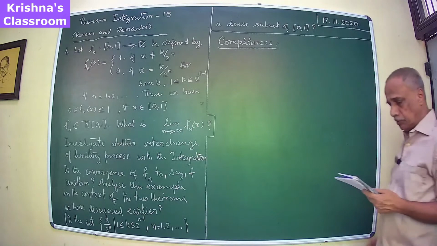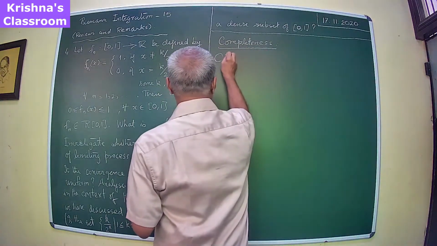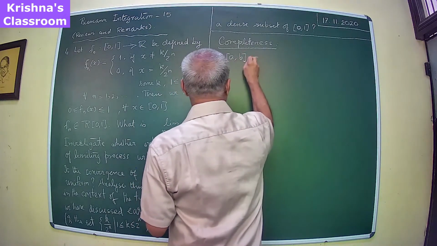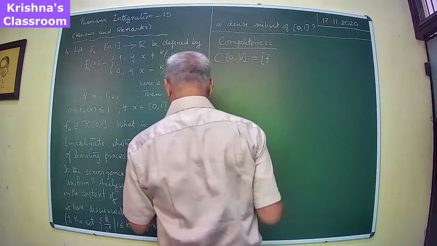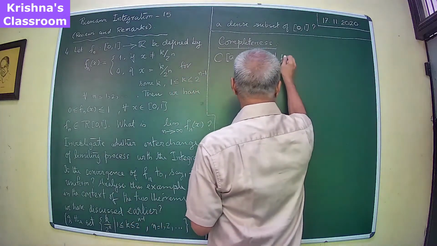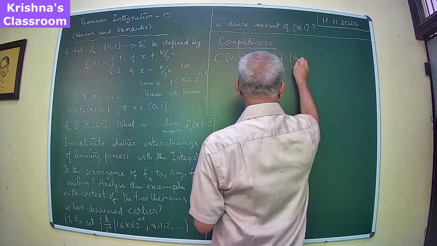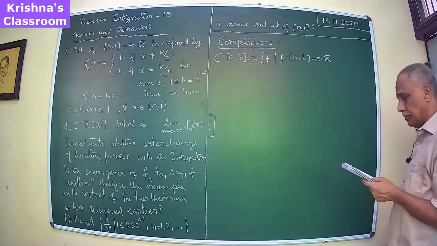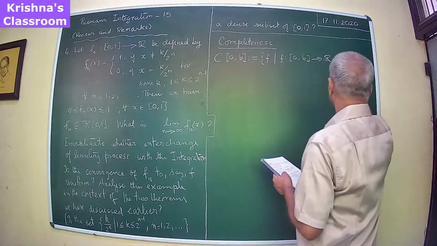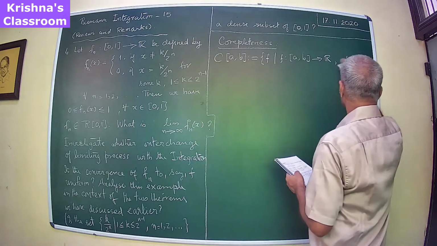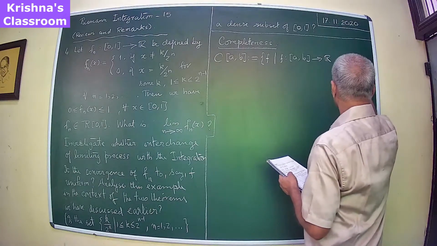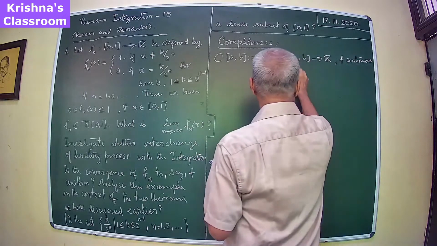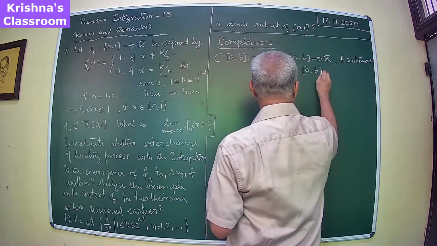So we start with the following. Let us write down the notation. The set of all f, a map from [a,b] to R, a real valued map on [a,b], and f continuous on [a,b].